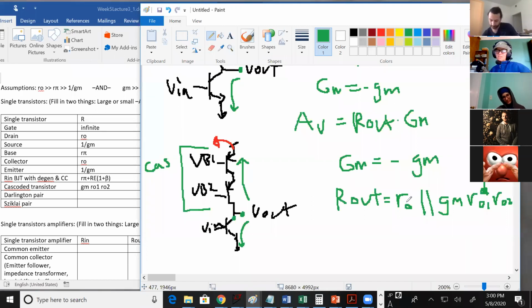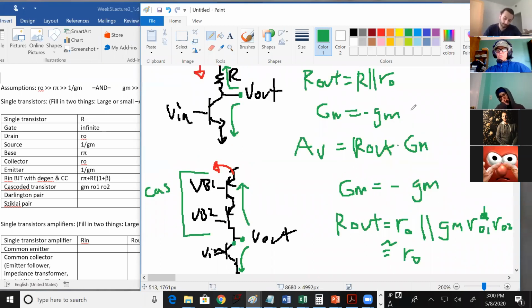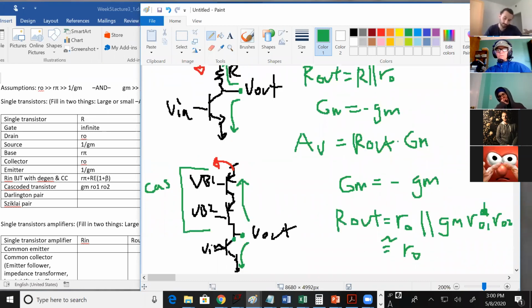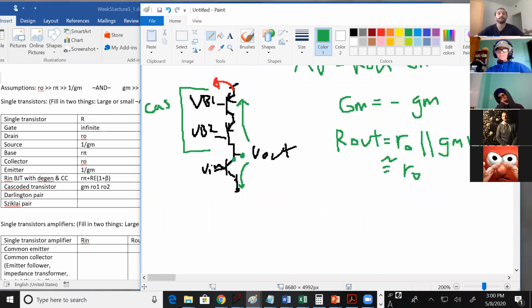All the electrons are going to want to go 10 to the 5th. So this is actually approximately RO. So it did give you a good boost over this gain, but how could you make this, oh, I'm out of time. Last comment, how could I make this common emitter circuit have even more gain?